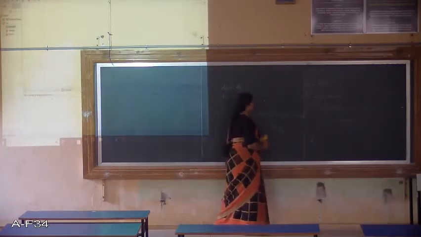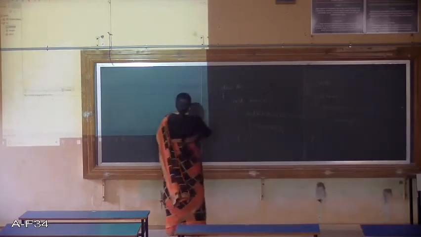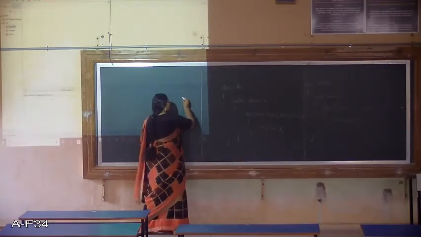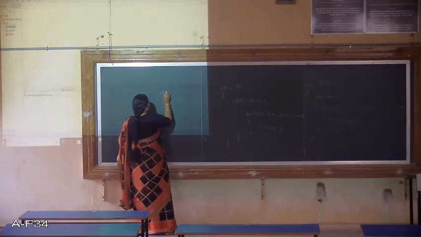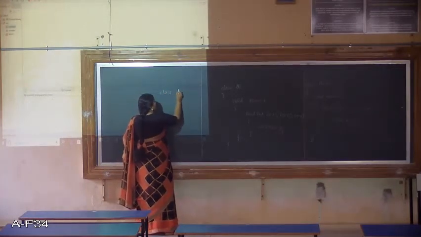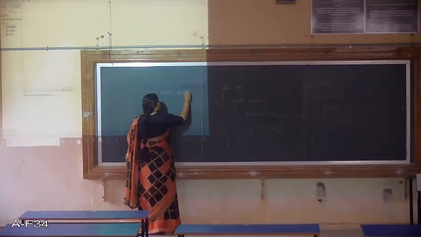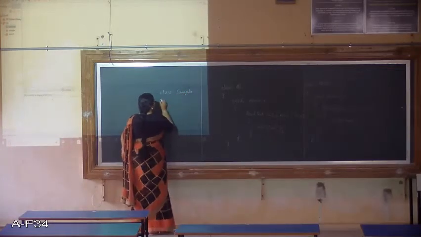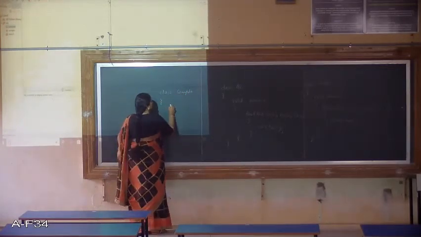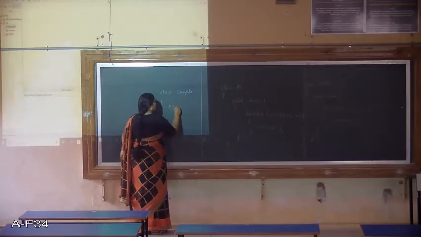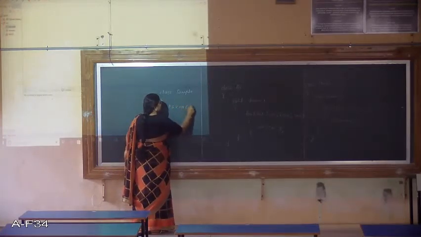So for the main method, let me write the main method. And here this is public static void main string argument.